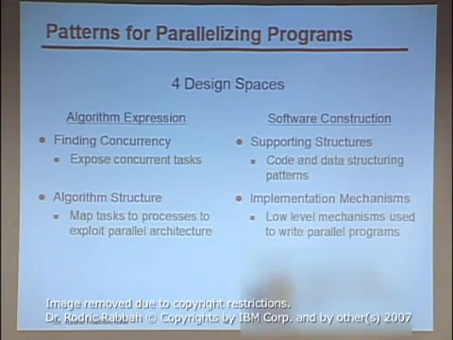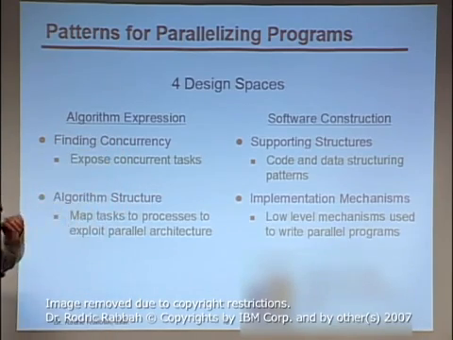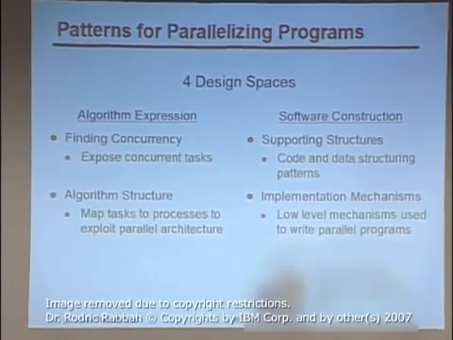And they identified 4 design spaces. I think these are structured to express or capture different elements. Some elements are for the algorithm expression. So I've listed those here. And some are for the actual software construction or the actual implementation. So under algorithm expression, it's really decomposition, finding concurrency. Where are my tasks?